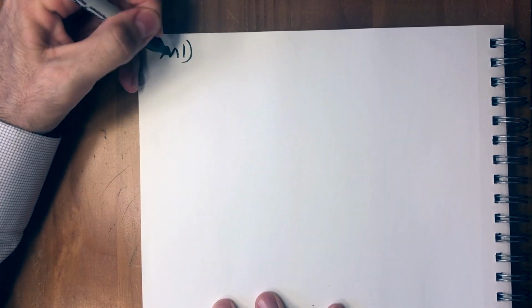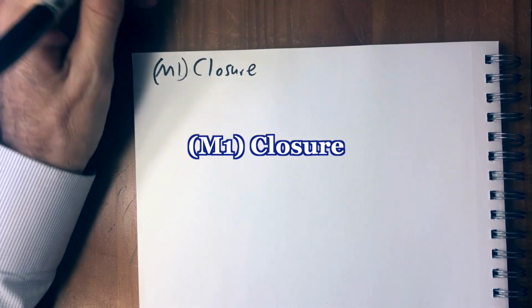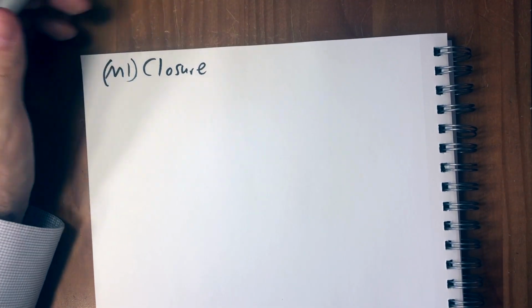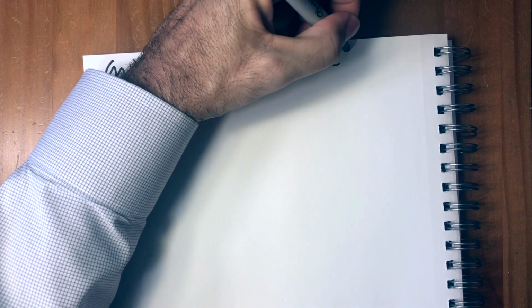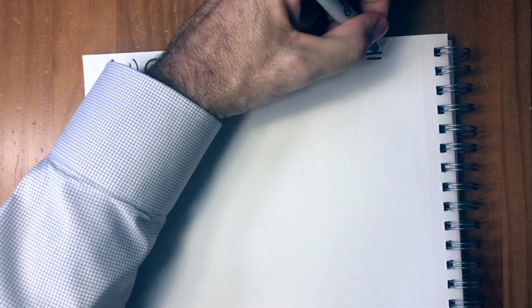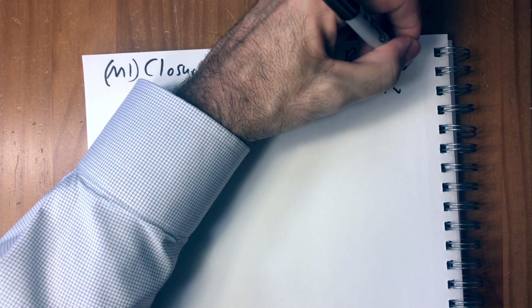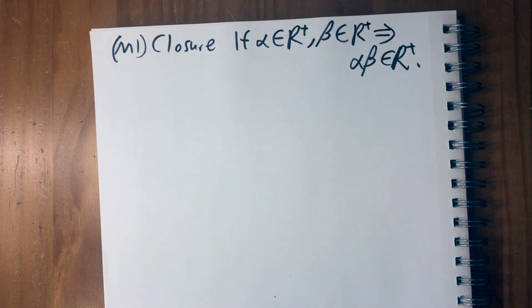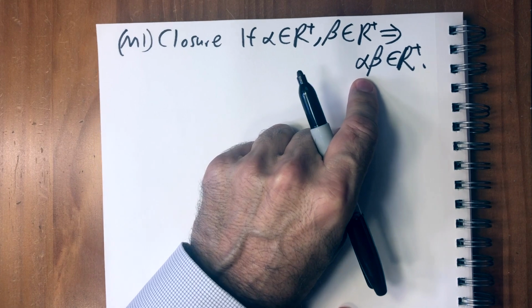Okay. So for now, the multiplication axioms. M1 is closure, which means that if alpha is an element of R, beta is an element of R, then alpha beta is an element of R. So what we have to show is that alpha beta is a cut.